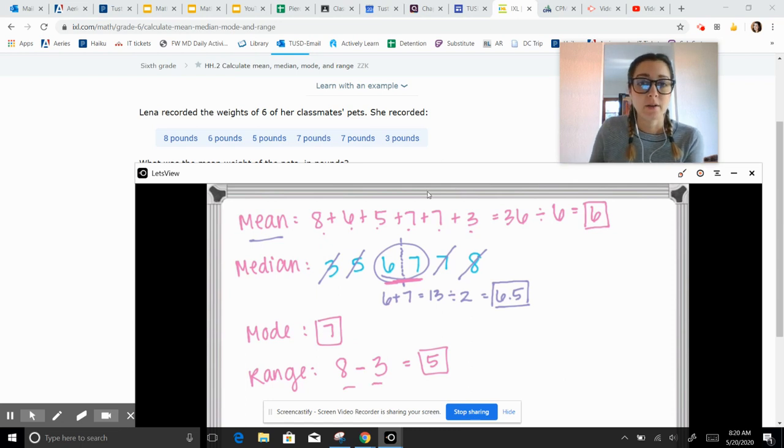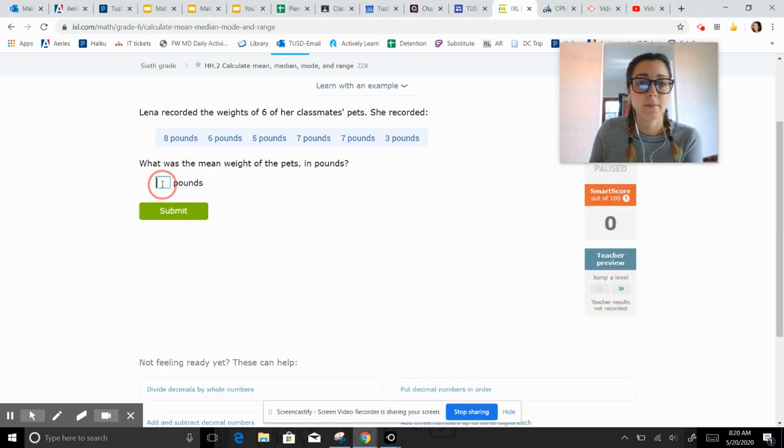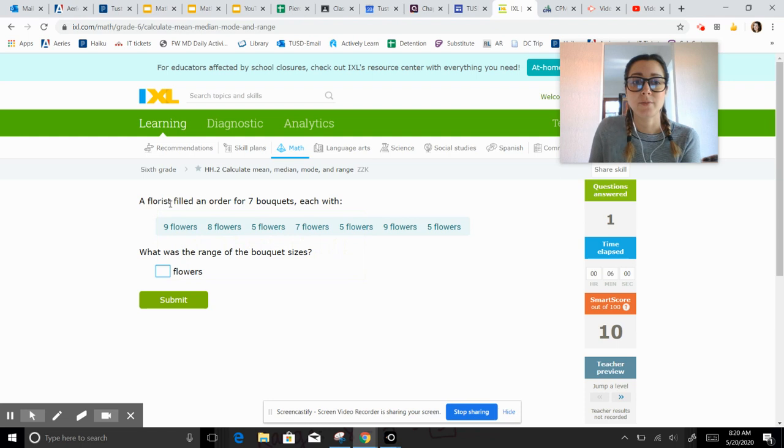So let's input our amount here. So our mean was 6. And we're good to go. So again, range, biggest number minus the smallest number. So that would be 9 minus 5. So 9 minus 5 is 4.